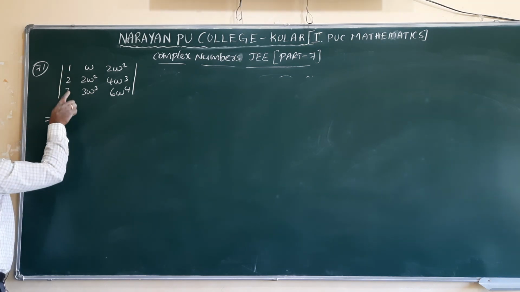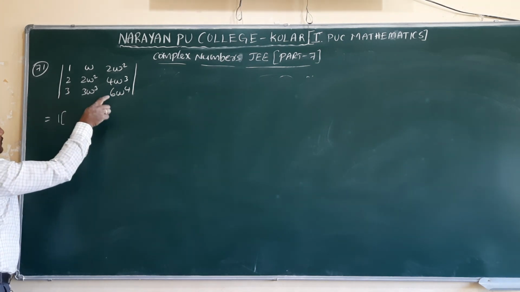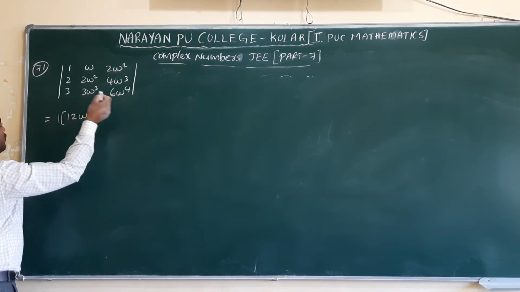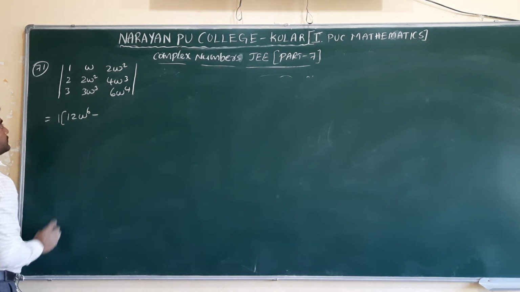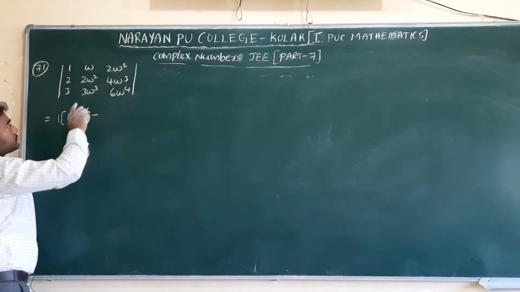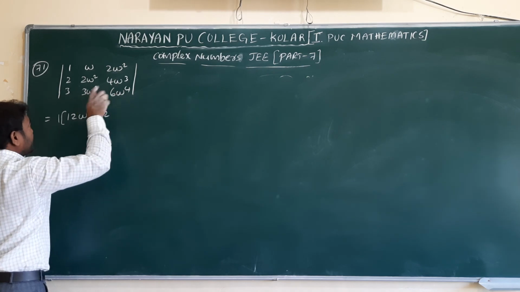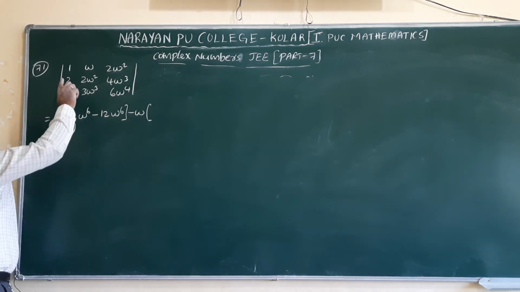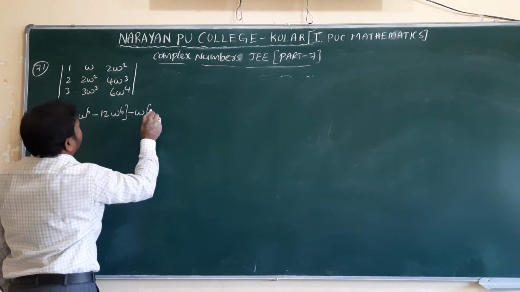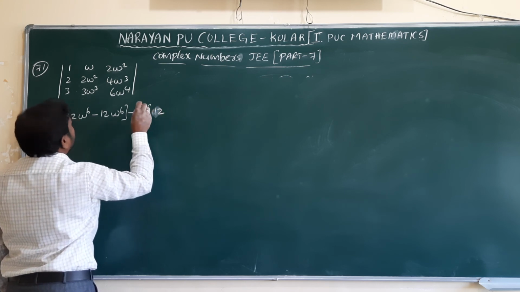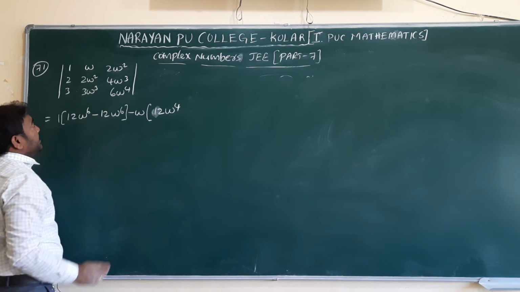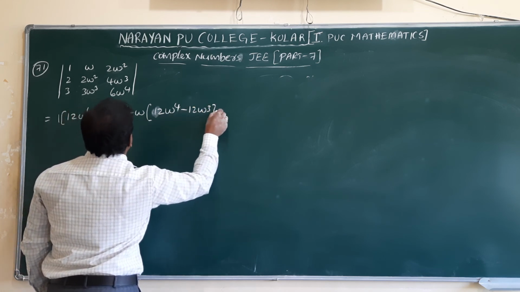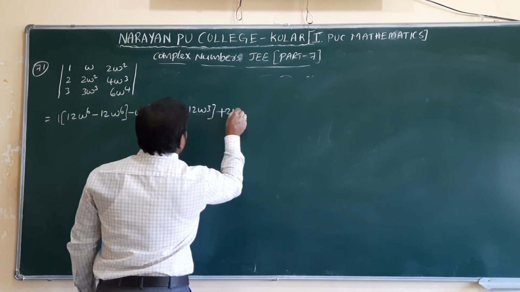1 into first row, first column deleted, remaining 2 omega square into 6 omega power 4, 2 sixes are 12 omega power 2 into omega power 4, omega power 6, minus 3 fours again 12 into 3 fours 12 omega power 3 into omega power 3, omega power 6, minus omega into first row, second column deleted, remaining 2 sixes are 12 into omega power 4 minus 4 threes are 12 omega cube, plus 2 omega square.